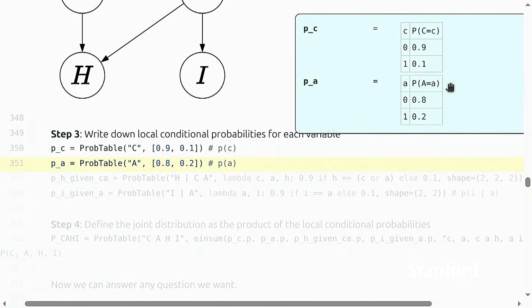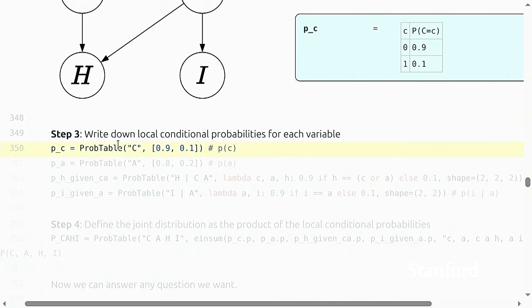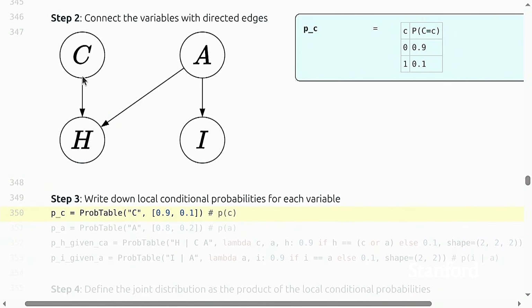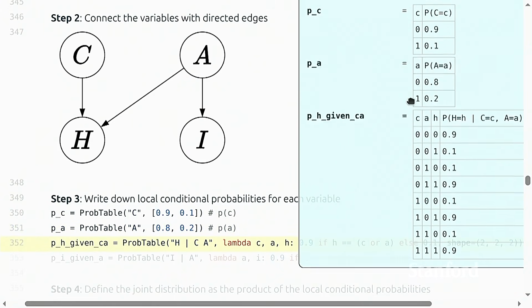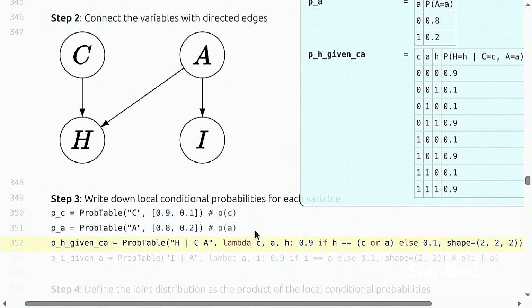So we have probability of C. For C, I write down, well, colds are 10% chance you have a cold. Allergies, 20% chance you have allergies. Here is a little bit more complicated, but this is the probability that you have a cough given your state of cold and allergies.